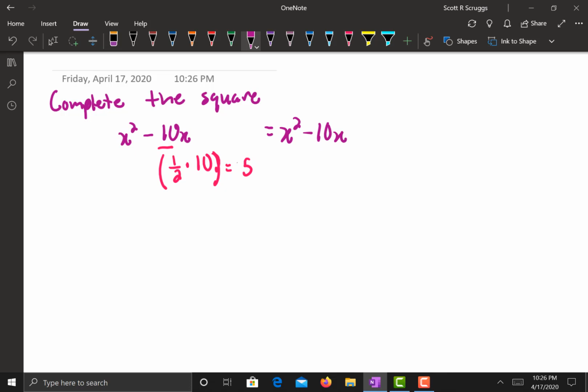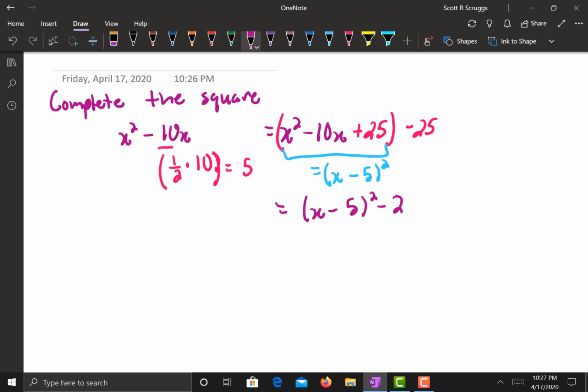So x squared minus 10x, I add 25 to that, and I also subtract 25. And completing the square tells me that this portion will equal x minus 5 squared, meaning I should have x minus 5 squared minus 25.